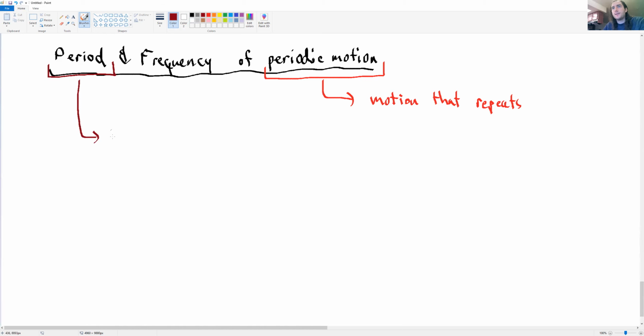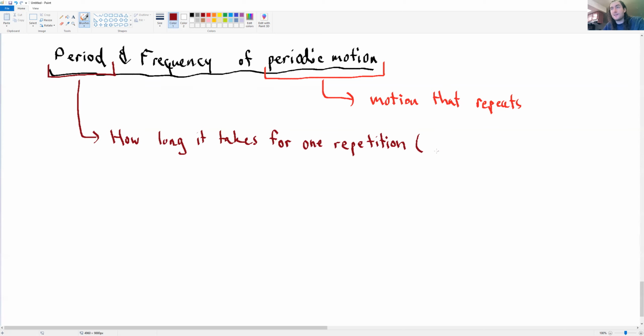Period is how long it takes for one repetition. Of course, this is a time.